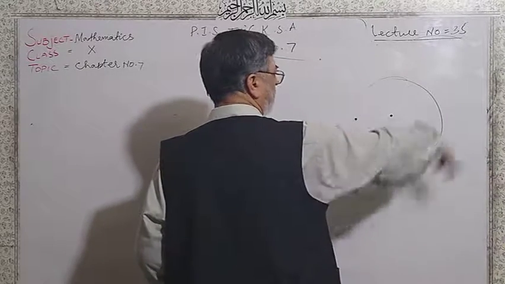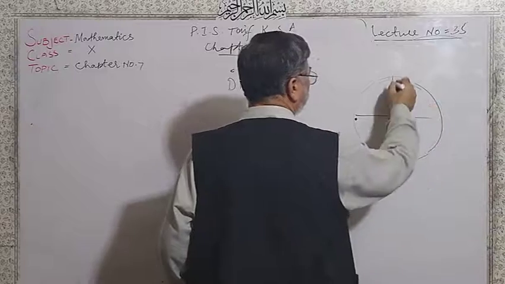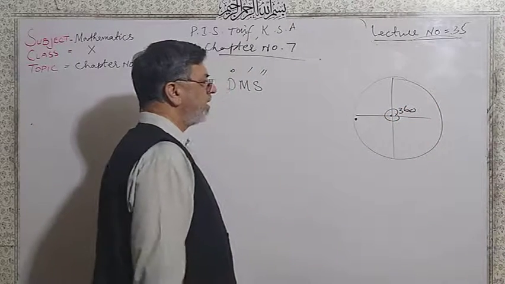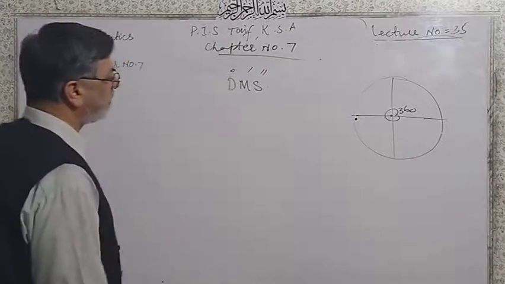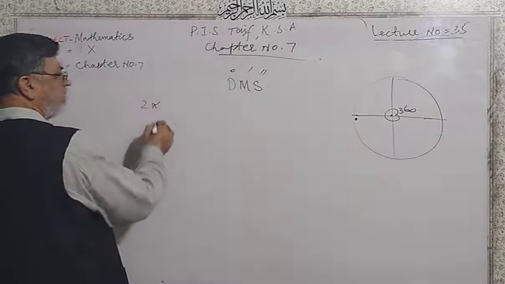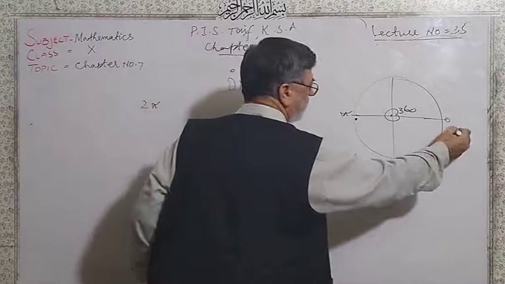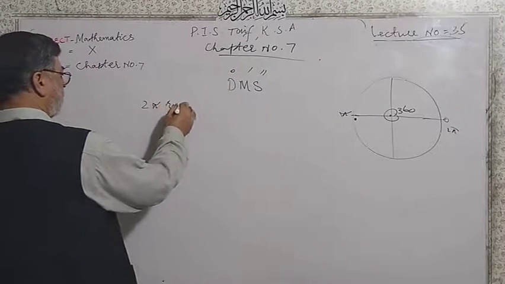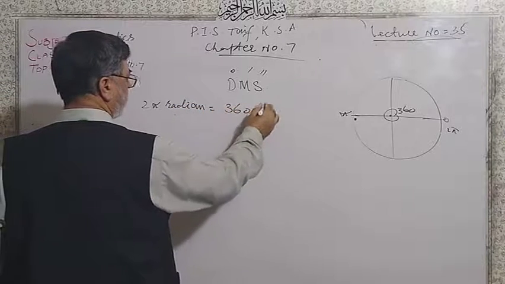Basically, when you move all around the circle, at the center the total angle is 360 degrees. At the same time, in case of radian measure of angle, we have 2 pi radians, because this is 0 to pi and then pi to 2 pi. 2 pi radians is equal to 360 degrees.